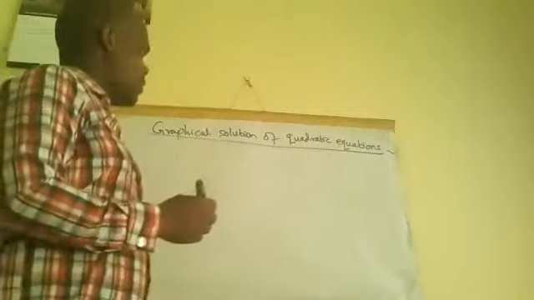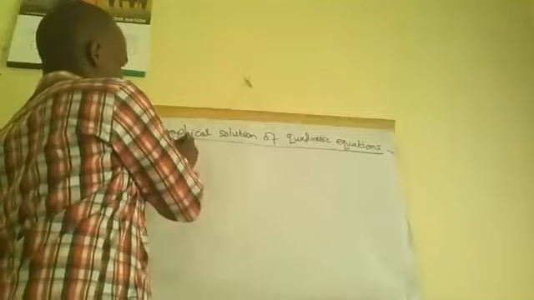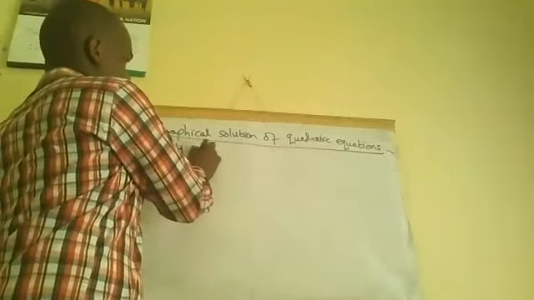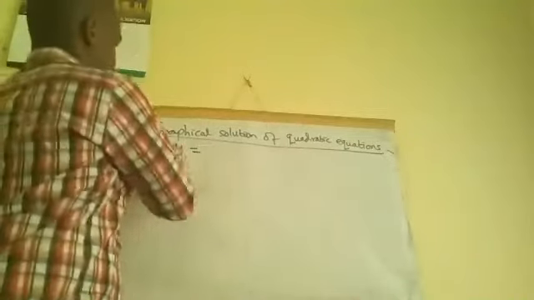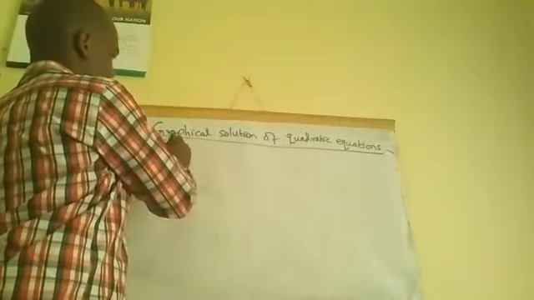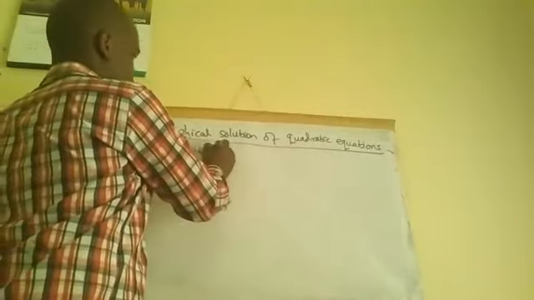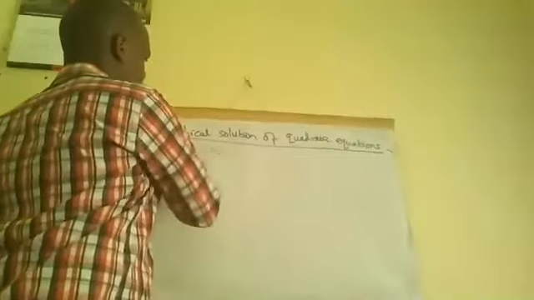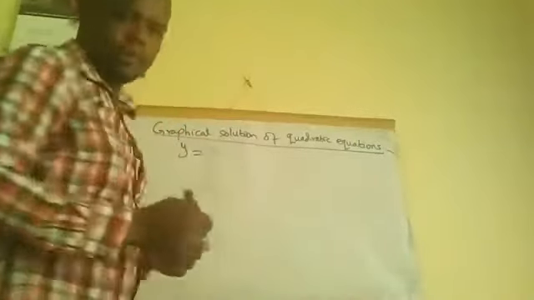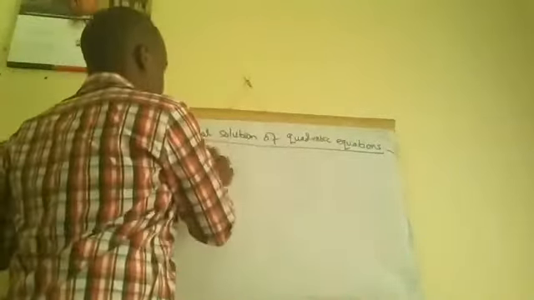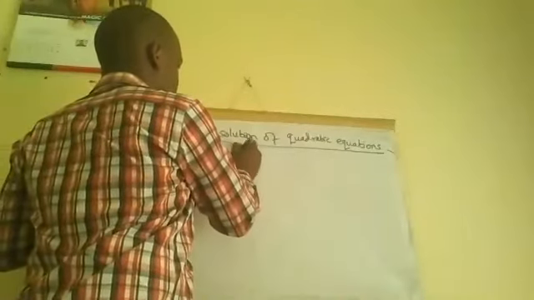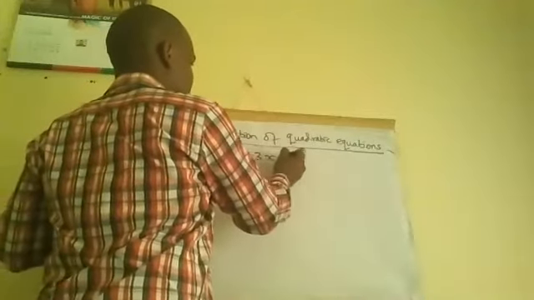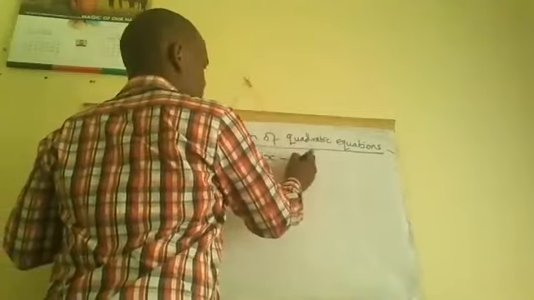So this is what happens. So suppose you are given this y. So suppose we wish to draw maybe an equation like this. y is equal to, let's say, 2x squared plus 3x, let's say minus 2.